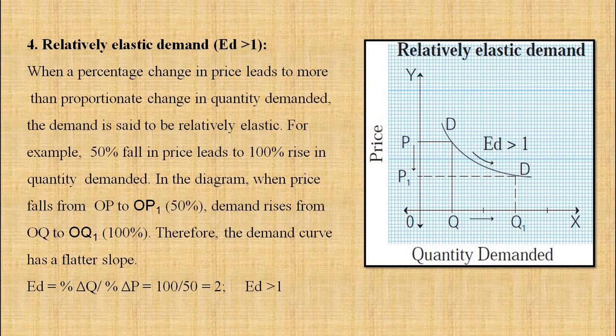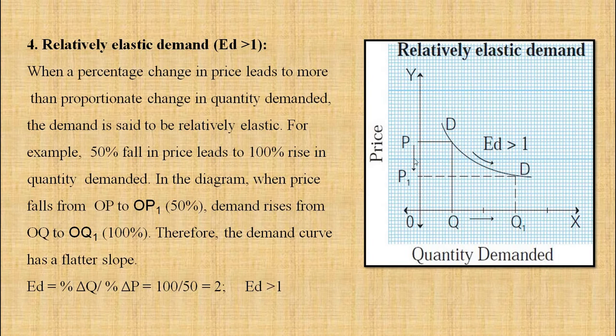When a percentage change in price leads to a more than proportionate change in quantity demanded, the demand is said to be relatively elastic. For example, a 50% fall in price leads to a 100% rise in quantity demanded. So there is a change in price and also a change in demand, but demand changes more than the change in price. This is called relatively elastic demand.